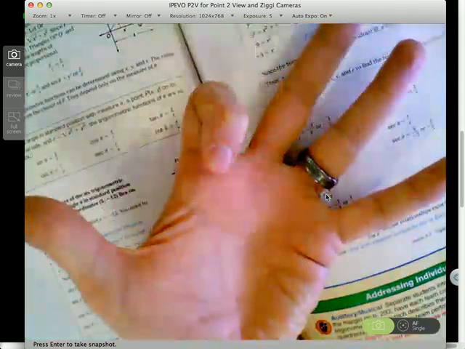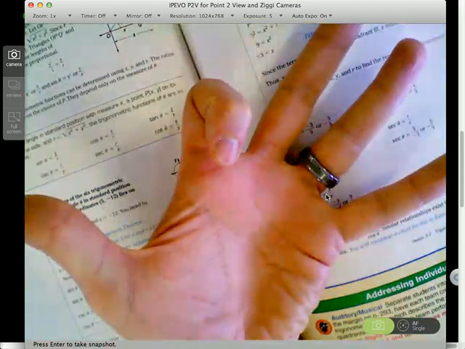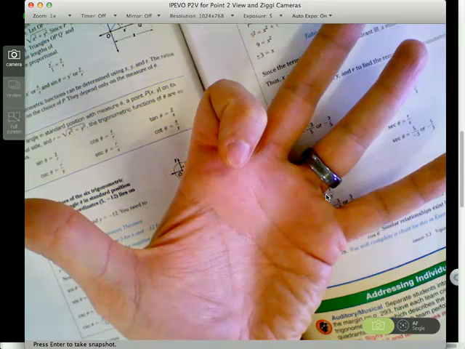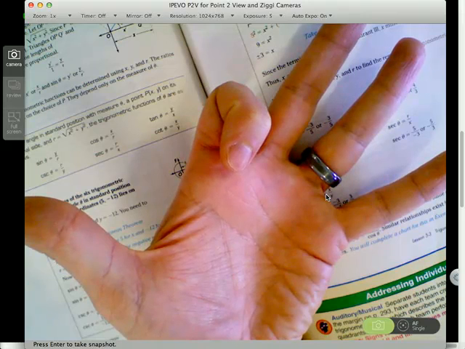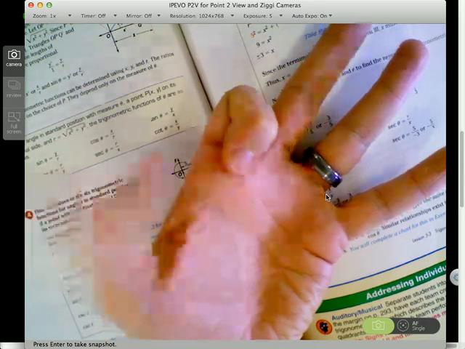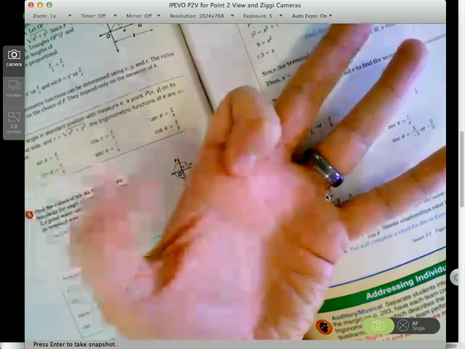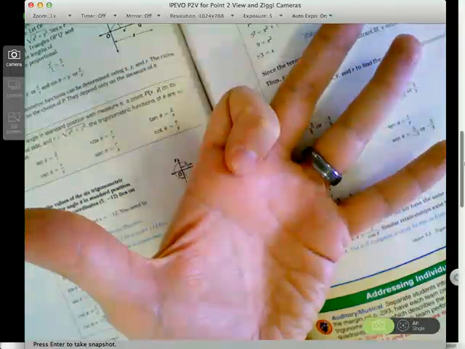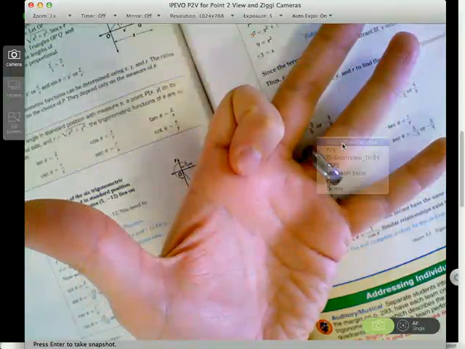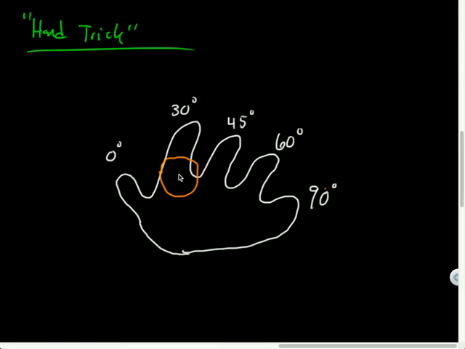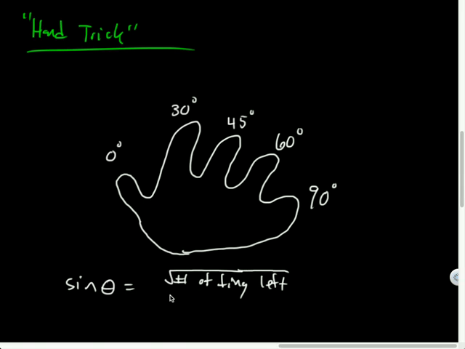I'd put my 30-degree finger down, and it turns out sine will be the square root of the number of fingers to the left. There's 1 finger to the left. What's the square root of 1? 1. And then divide by 2. So sine of your angle is equal to the square root of the number of fingers to the left, divided by 2.